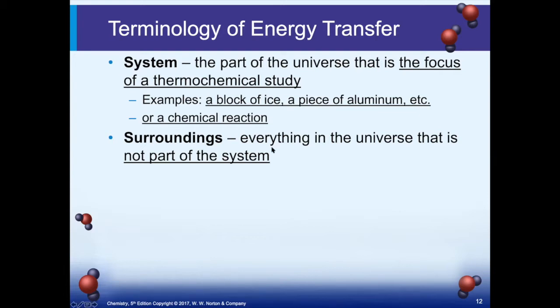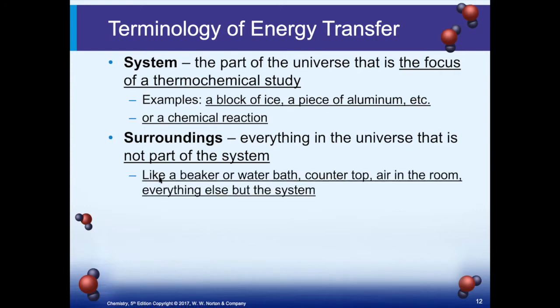So again, to be technically correct, we say it's everything except the system. But practically speaking, it's just really the other stuff that's very, very nearby. Okay, so like a beaker or a water bath, the countertop, the air in the room, just everything else but the system. That's what we mean by surroundings. Okay, so another thing to understand is the relationship between the two.